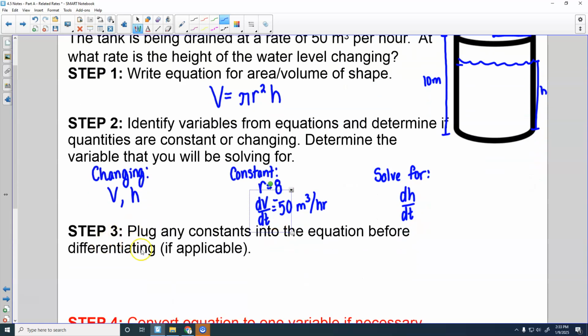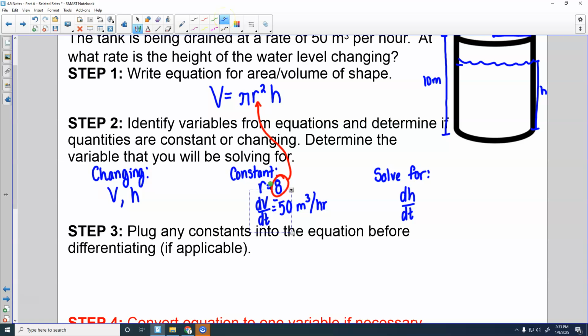So we haven't done this step 3 yet because we haven't had any problems where we needed to do it. But if I have any variables that show up in the constant section over here, I can plug them in before I take the derivative because they never change, right? So they're the same before or after the derivative. So I can take r equals 8 right here and plug it in to my equation before I take the derivative.